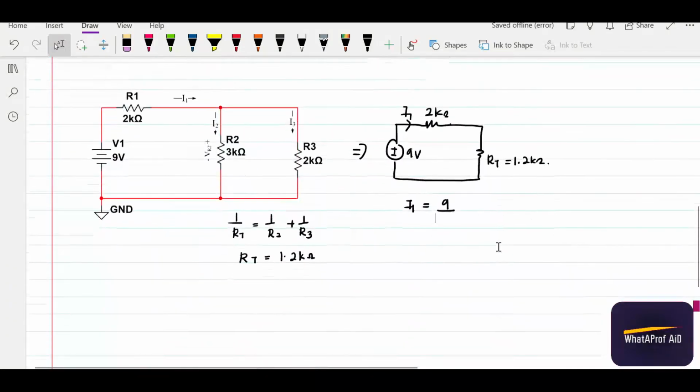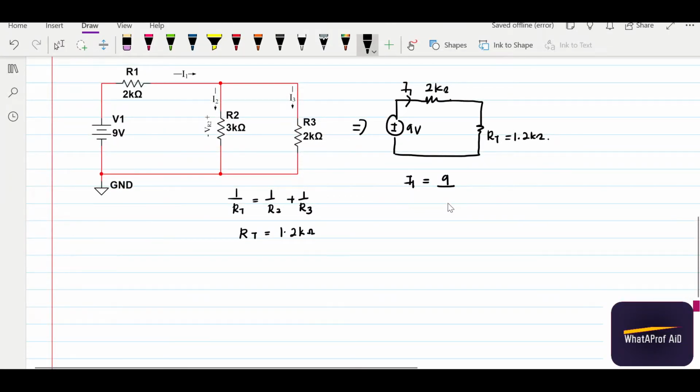Similar concept. So with 3.2 kilo, we have 2.8125 milliampere for I1.